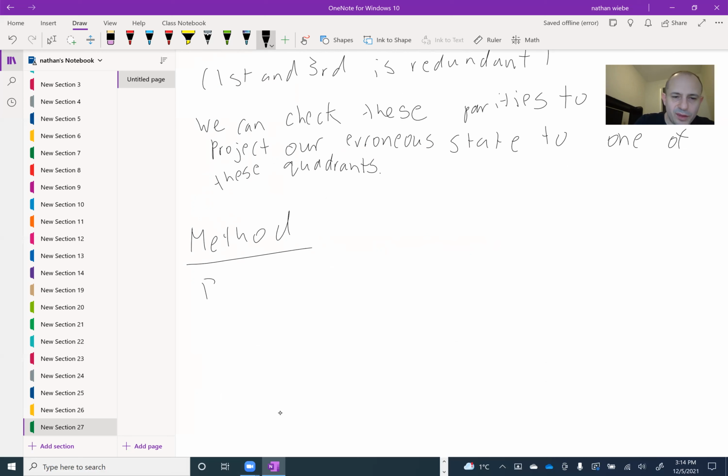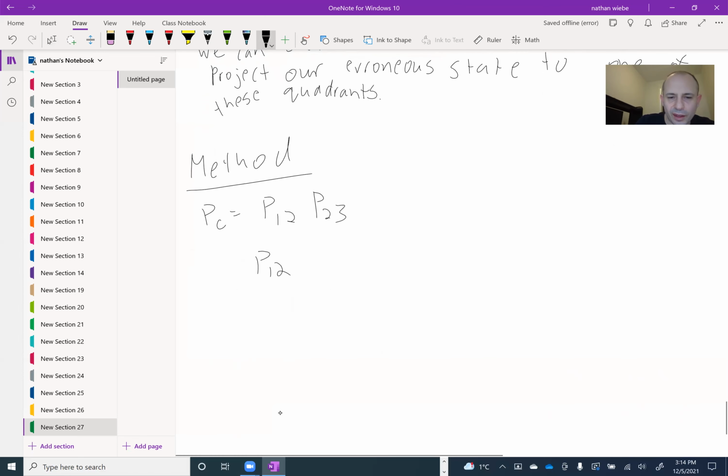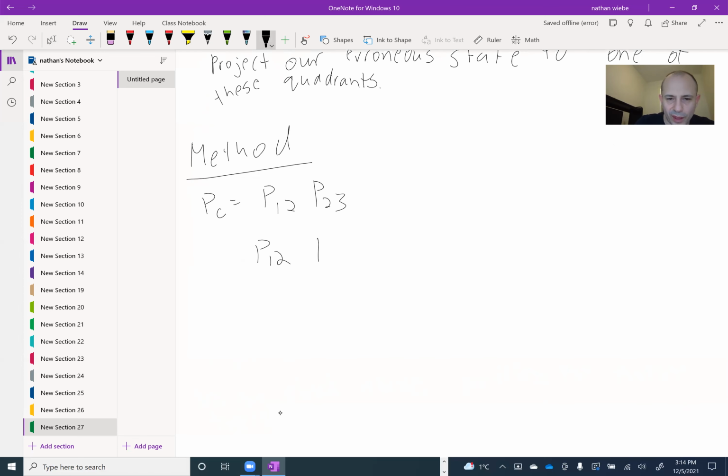We can write PC is equal to P12 P23. Now, P12 has the following property. P12 acting on the state 1, 1 will be equal to 1, 1. And P12 acting on the state 0, 0 will equal 0, 0. But P12 acting on 0, 1 will just be 0.